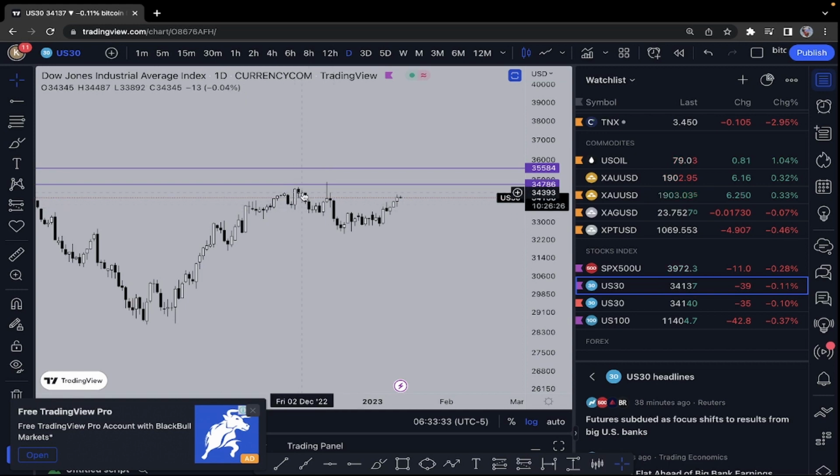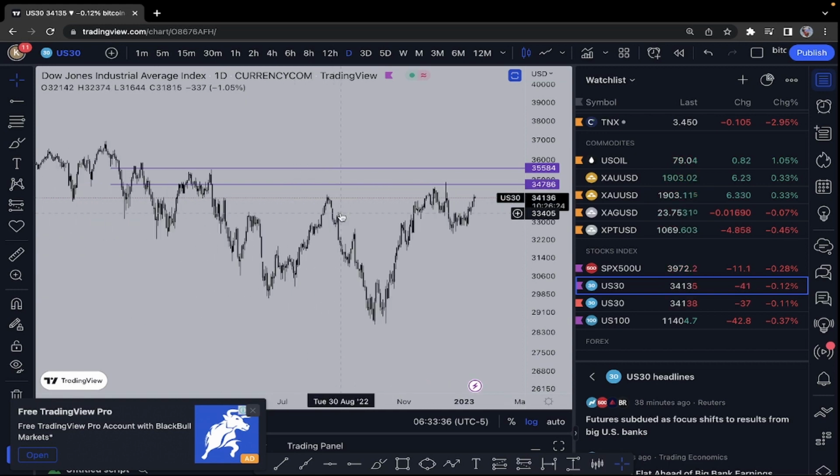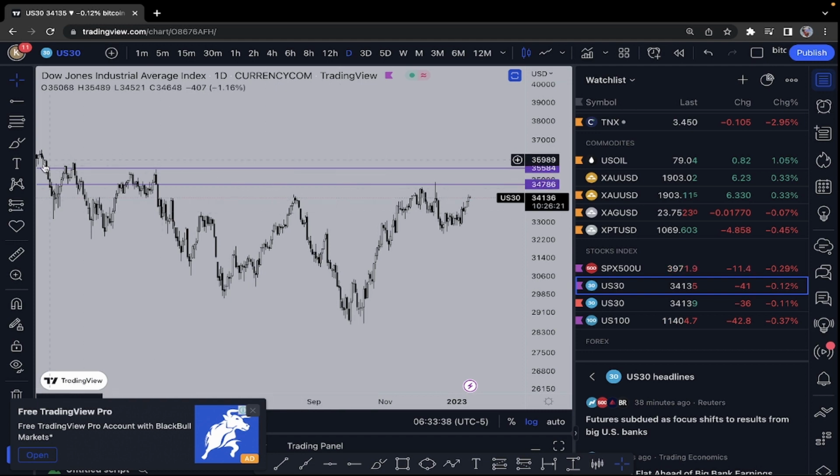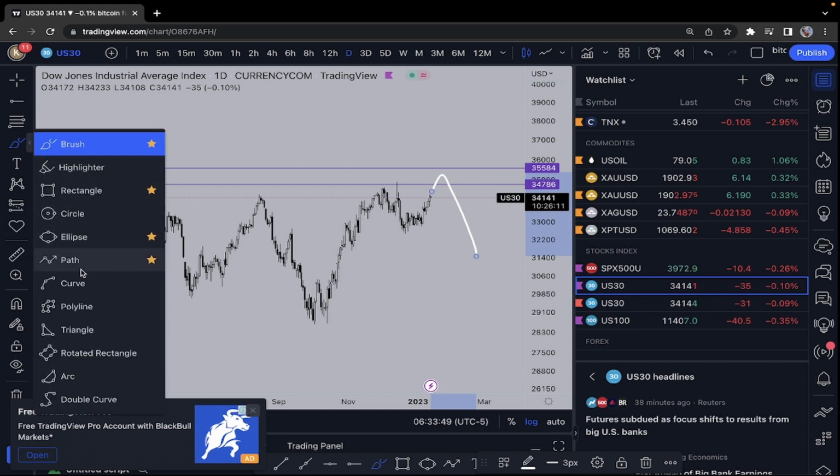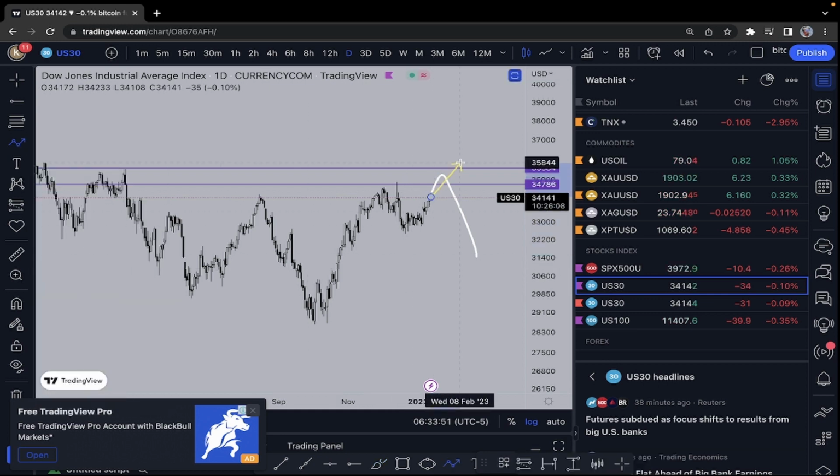So honestly, I guess we're just gonna have to use a higher time frame liquidity, which is this region right here. I'm expecting the market to either A, tap in and then continue down, or B, run the highs and then continue down, take us to somewhere about here.